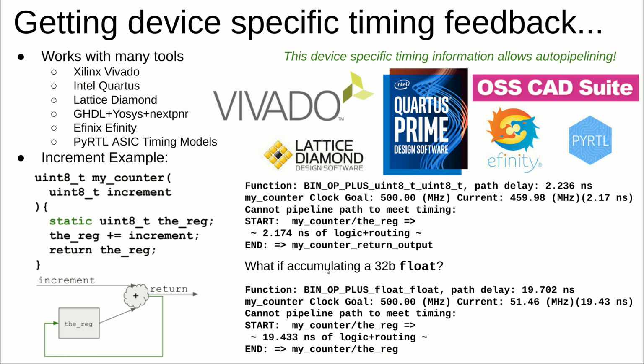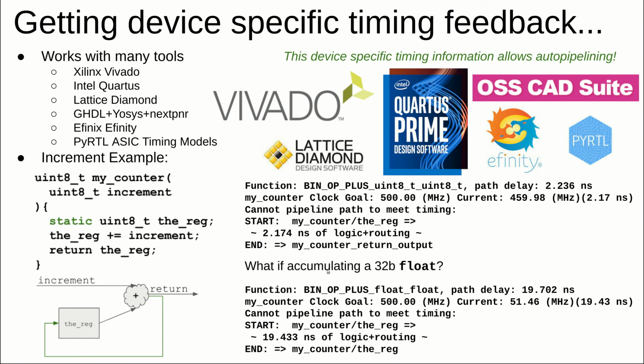Alright, so how is PipelineC able to do the auto-pipelining that it does, and what kind of timing feedback can it give you if it can't auto-pipeline things, like in this static counter situation? Well, at the time I thought, how do I, as an FPGA engineer, know how much logic can fit into a clock cycle? It involves becoming familiar with your synthesis and place and route tool.